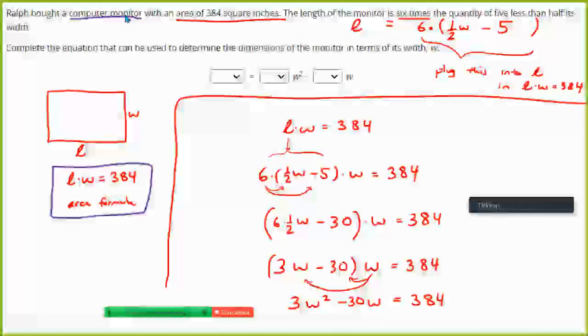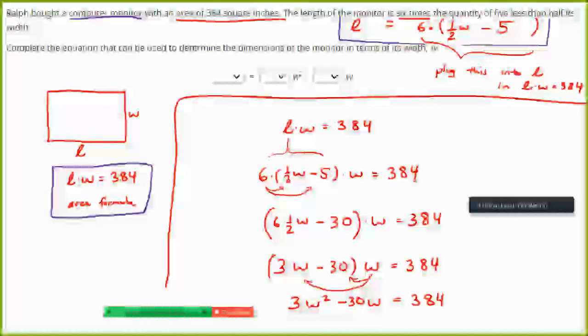So look for those clues as to what it's the area of, so we can start by setting the first equation up. Then we had to translate the second equation and get this up here at the top. And then we had to plug them together and do all the algebra and multiply and spread it all out to finally get our actual quadratic down here at the bottom.